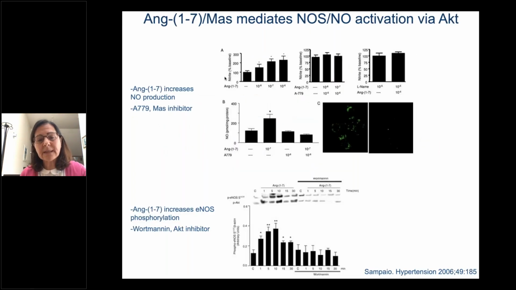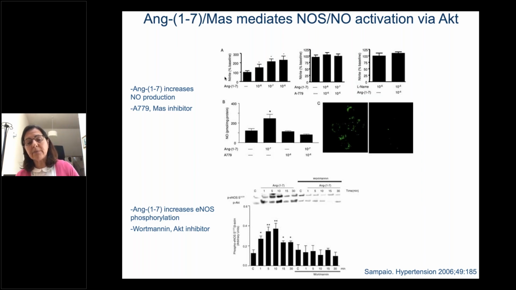And we, with Robson Santos, a number of years ago, started to look at the signaling pathways through which angiotensin 1-7, through Mas, may be inducing some of these cardiovascular protective actions. And we can see here in vascular cells that if we expose these cells to Ang 1-7, there's an increase in the production of nitric oxide as indicated in the upper panels.